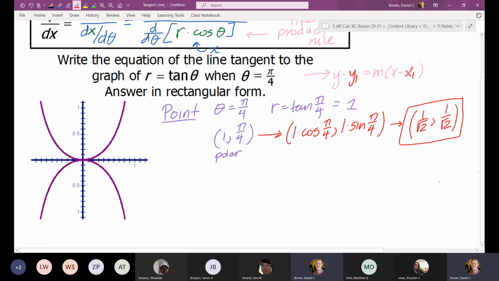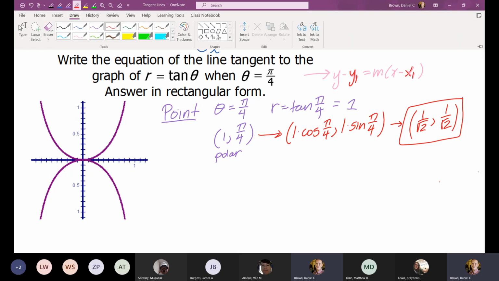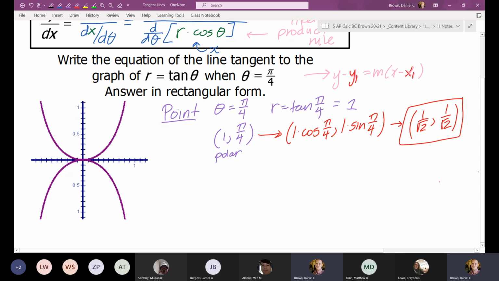And then to finish it up, if I'm writing the tangent line, we have to have the point, and then we also have to have the slope. Where's the slope going to come from? It's going to come from dy dx. So again, let's review that formula. This is a polar function, so we're going to think about it as dy d theta over dx d theta.